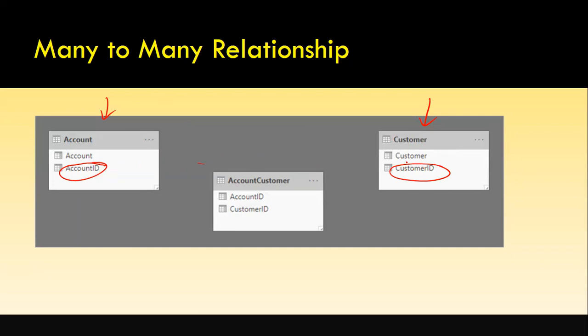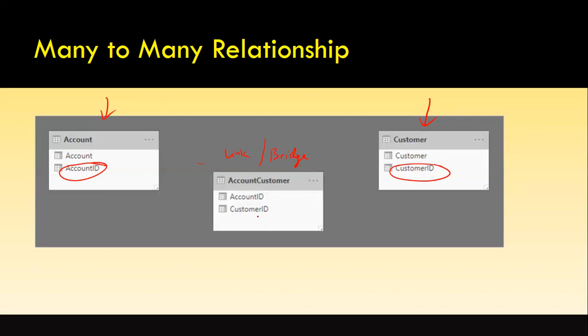We have that, but in this case a many-to-many relationship exists between these two tables. We need a bridge table. So what we do is keep the ID column from both tables in this link table or bridge table. Most people use the term bridge table.